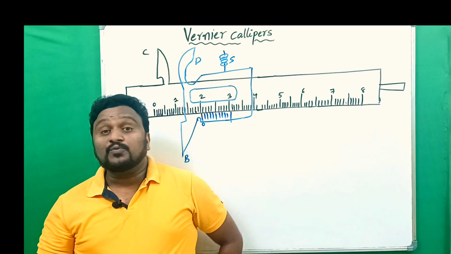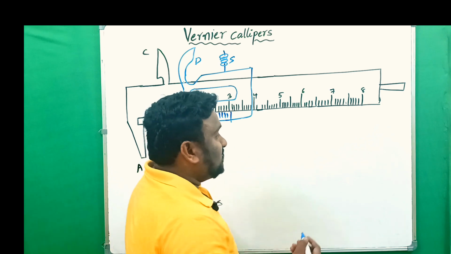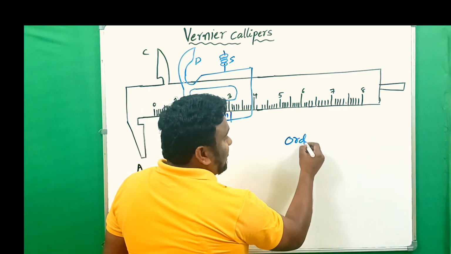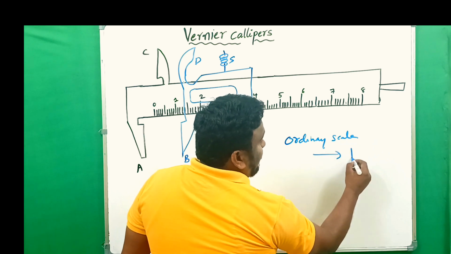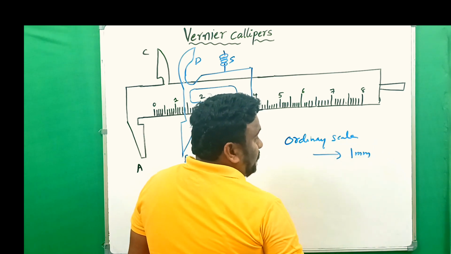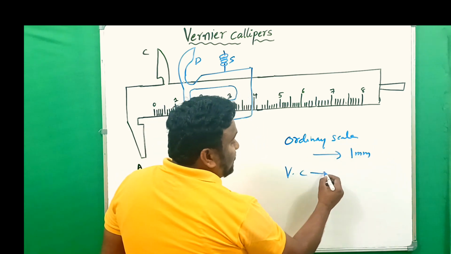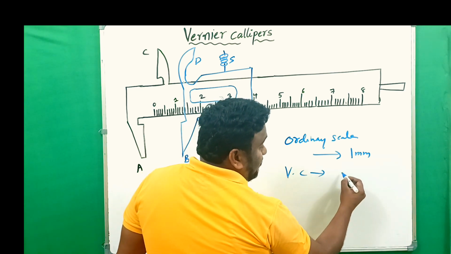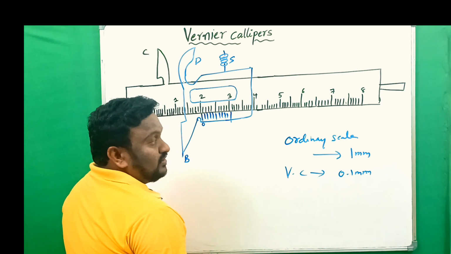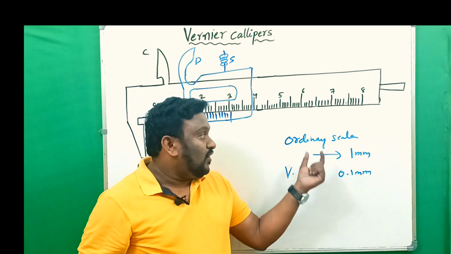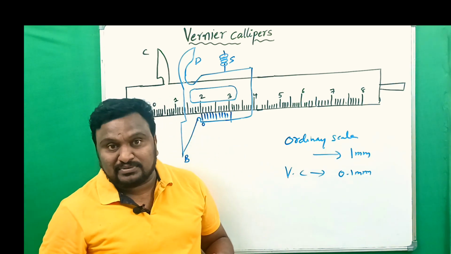Clear? In an ordinary scale we can measure only up to 1 millimeter, but with vernier calipers we can measure up to 0.1 millimeter. That is the main difference between the ordinary scale and vernier calipers.